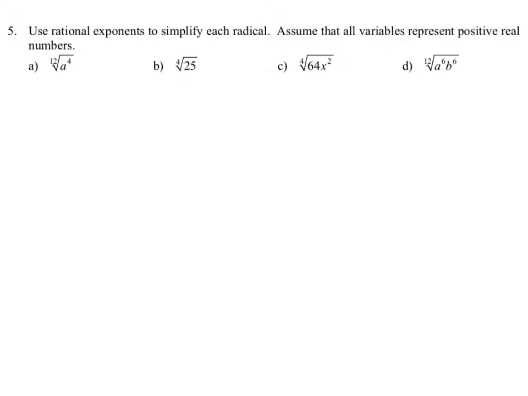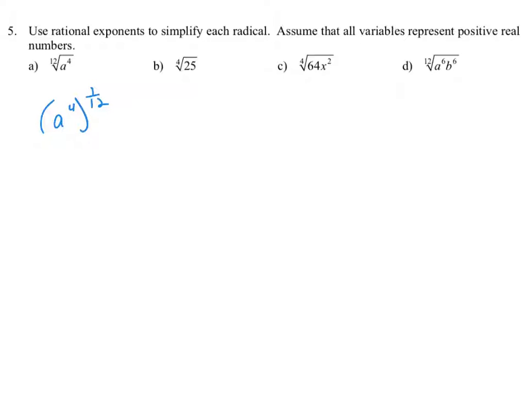In problem set number 5, we want to use rational exponents to simplify each radical and assume that all variables represent positive numbers. In example A, we have the 12th root of a to the 4th. We're going to write this as a rational exponent. So this is going to look like a to the 4th to the 1/12th exponent.